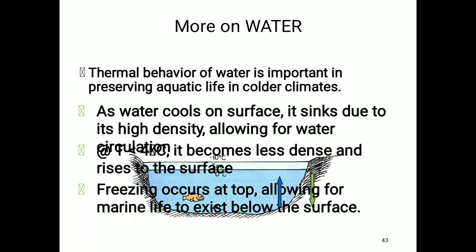So what about the marine life, like fishes and other animals which are living in that water? The phenomenon is that the temperature at the surface gets very cold and freezes, but at the bottom the temperature is still above 0 degrees centigrade, and that causes the water to remain in the liquid state at the bottom, and that's why the fishes and other animals remain alive in winter days.